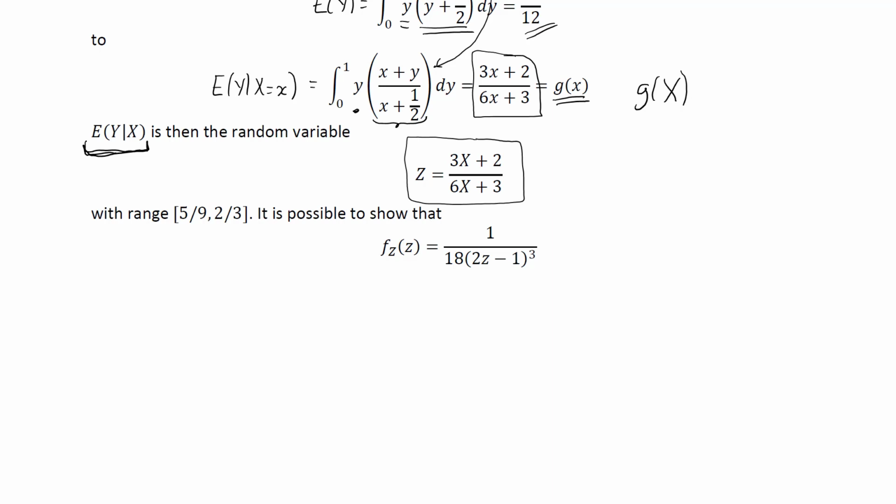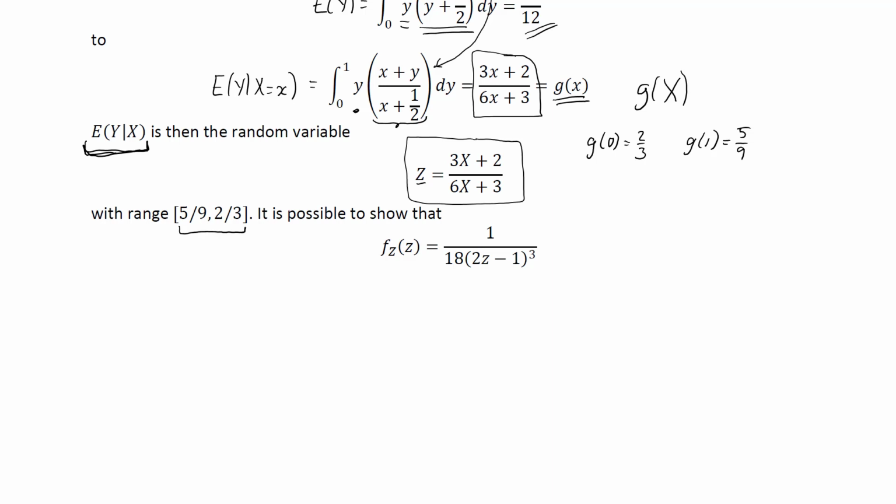It's not hard to see that g of x is a decreasing function of x when x is between 0 and 1. g of 0, which is the expected value of Y if we happen to observe that X is equal to 0, is 2/3. While g of 1, the expected value of Y if we observe X equal to 1, is 5 over 9. Since g is strictly decreasing, the range of this random variable Z must be between 5/9 and 2/3.